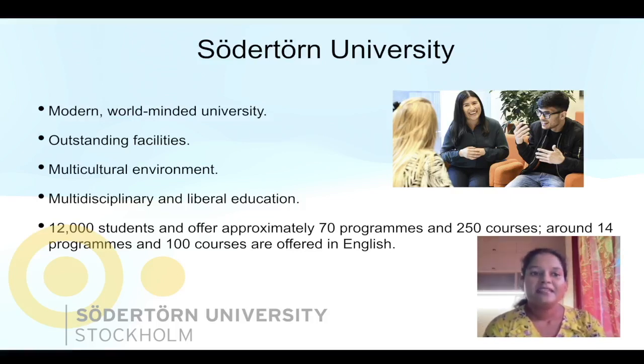Because of these many interdisciplinary programs, the university is unique in Sweden. The main campus is located in Flemingsberg, Huddinge, Stockholm, Sweden. Studying for a master's degree at Södertörn University provides a world-class education at a modern, world-minded university with outstanding facilities.